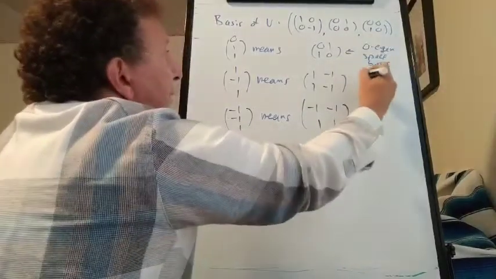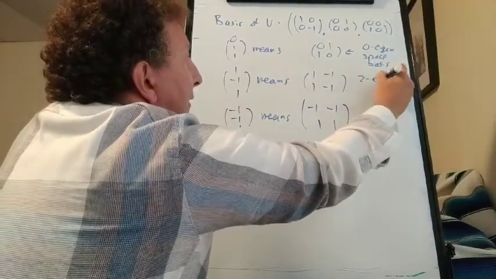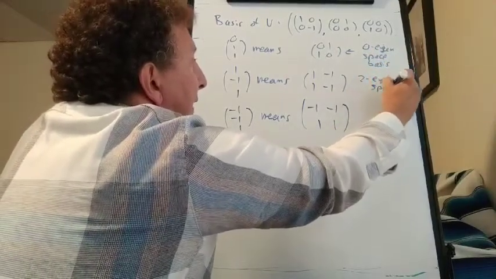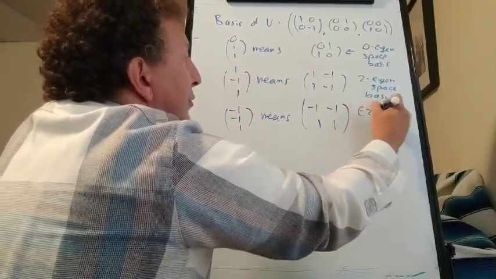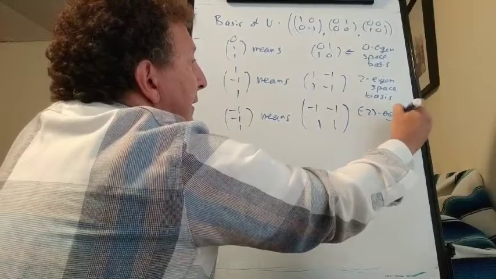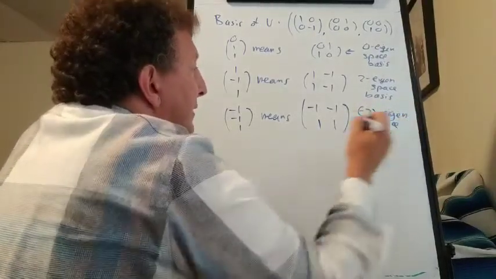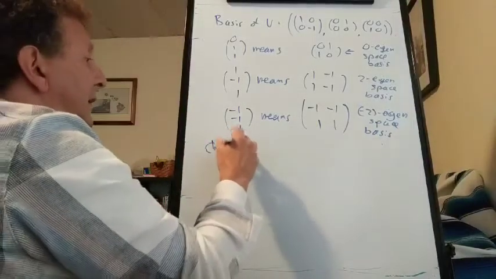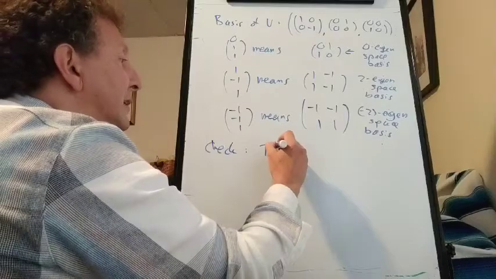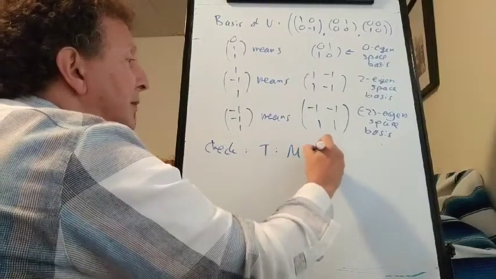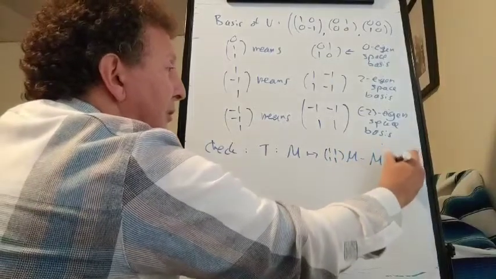So that's a 0 eigenspace basis vector. This is a 2 eigenspace basis vector, and this is a negative 2 eigenspace basis vector. Let's check. So remember, T maps a matrix M to the all ones matrix times M minus M times the all ones matrix.